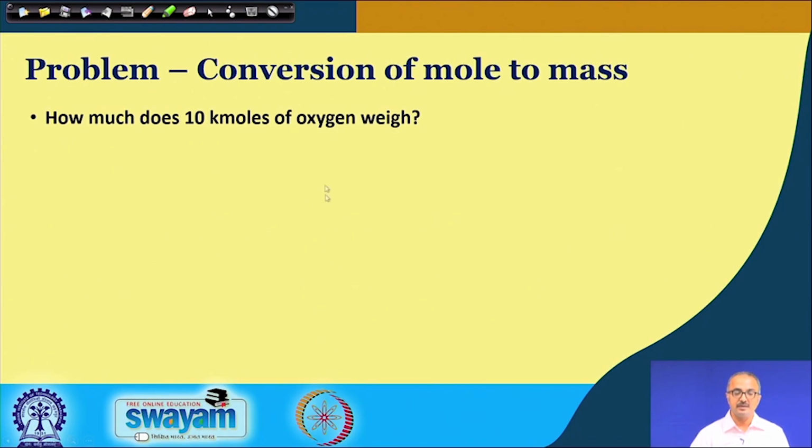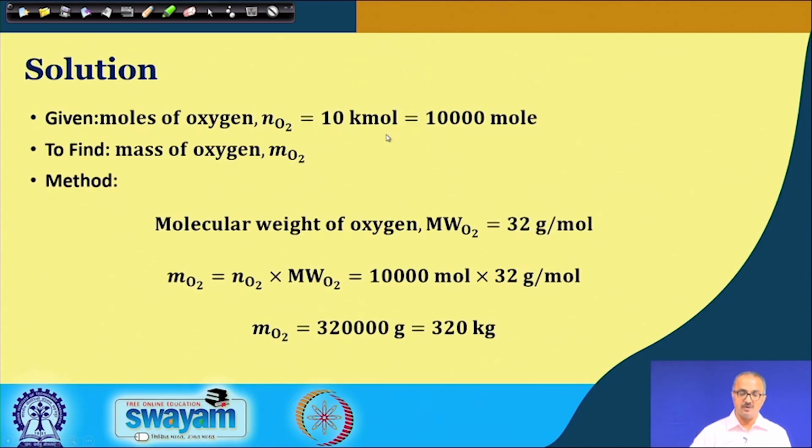Next is the conversion of mole to mass. Okay. So, it is the inverse of whatever we did in the last problem. Here we are given the number of moles, that is 10 kilomoles of oxygen, and we have to give the mass of this oxygen. So, again we need the molecular weight of oxygen, that is 32 gram per mole.